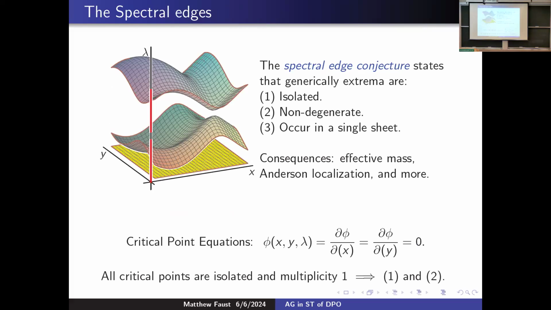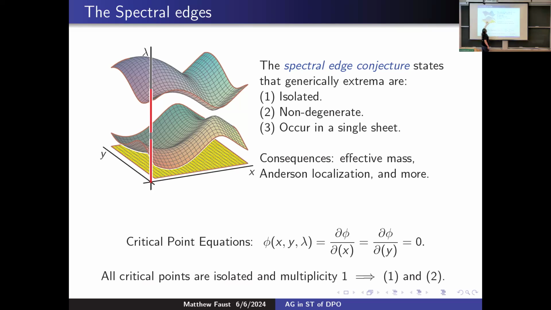Okay, so let's talk a bit about spectral edges. One of the reasons to study the spectral edges is this well-known conjecture, at least to the spectral theorists, known as the spectral edges conjecture, which states that generically extrema are isolated, not degenerate, and they occur in a single sheet. By generically, I mean for a generic choice of labeling, one expects these properties to hold for the edges of this band.